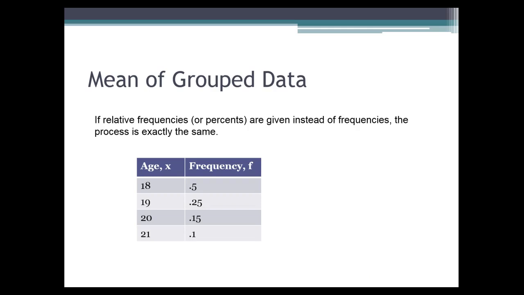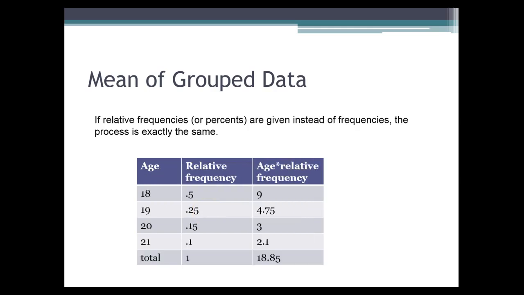So what if instead of frequencies, we gave you relative frequencies or percents? So instead of saying there were 10 out of 20 18-year-olds, we said, well, 0.5 of the data, half the data is 18-year-olds. And instead of saying 5 of them are 19, say 25%.